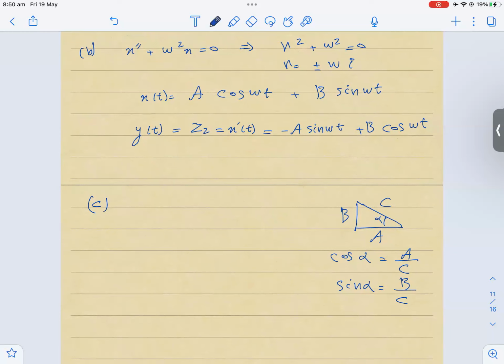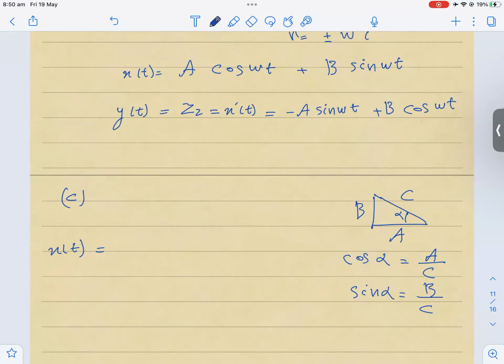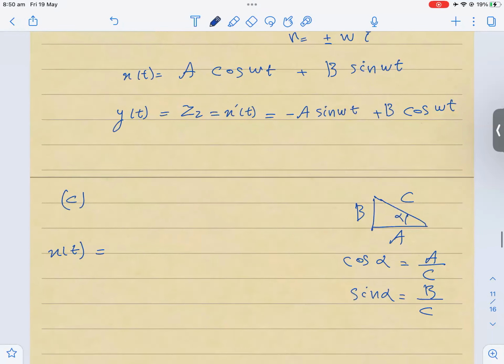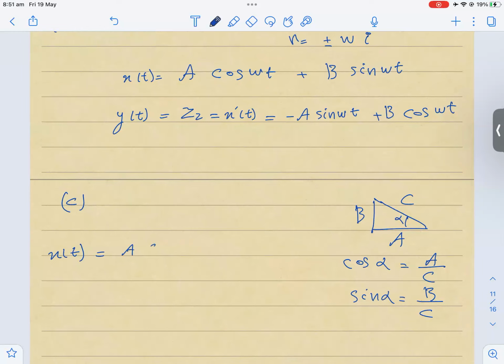From here, we see that x of t is equal to a times cos omega t plus b sine omega t. Now a is this guy, C times cos alpha, cos omega t, and b is C times sine alpha, sine omega t.